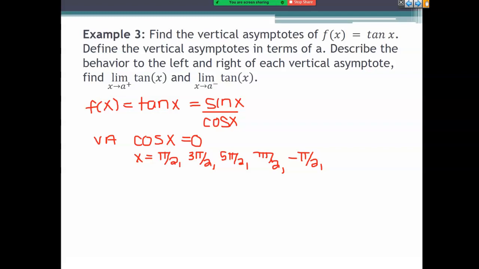So that means that the vertical asymptotes technically occur at x equals pi halves plus, how do you get from pi halves to 3 pi halves? Yeah, you add 1 pi, right?